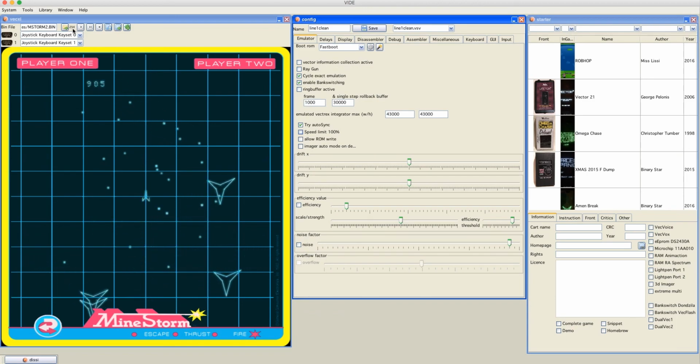The new graphics engine is quite a lot faster. I think most of the time it's about 3 times faster than the old stuff. One of the bad things about Vide was always that it was quite slow. With this implementation, that is not true anymore, I think.